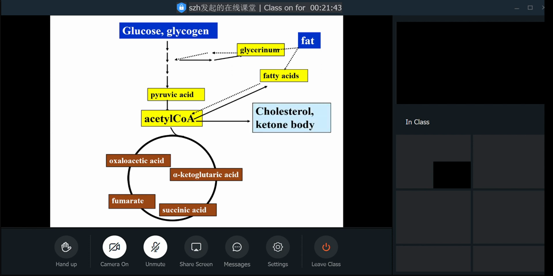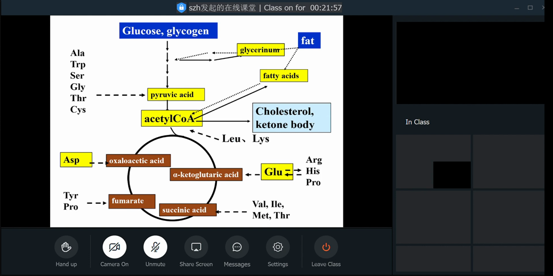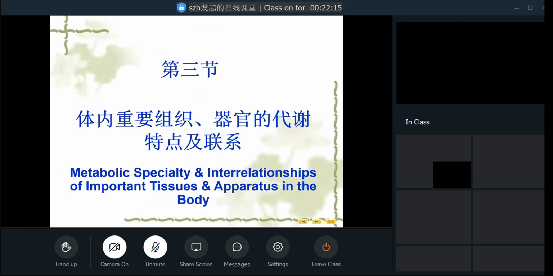And another thing is you can see acetyl-CoA can be used to produce the fatty acid, the glycerols, ketone bodies, and all kinds of the amino acid. Pyruvic acid, for example, alanine deamination produces the pyruvic acid. All of this is summarized from this figure.